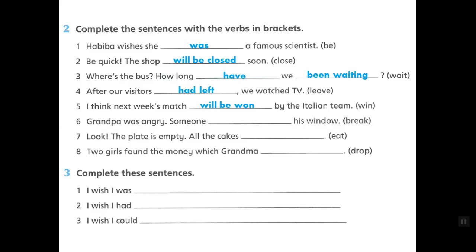Someone, space, his window, and we have "break". So, Grandpa was angry. Someone had broken his window. Look, the plate's empty, all the cake's space, and we have "eat", so has been eaten. Two girls found the money which grandma had dropped.